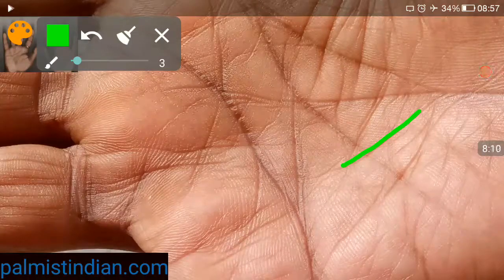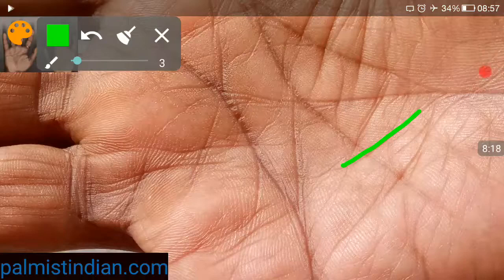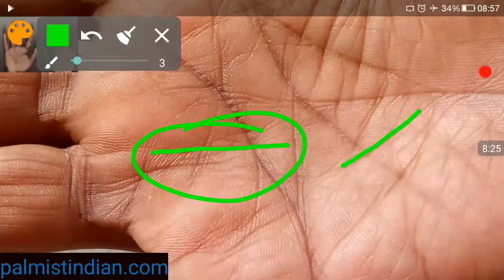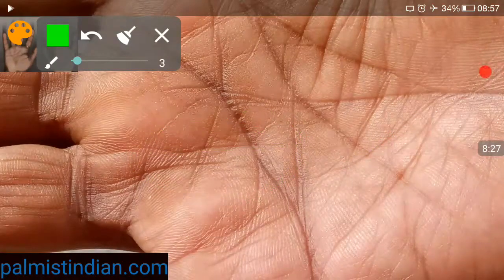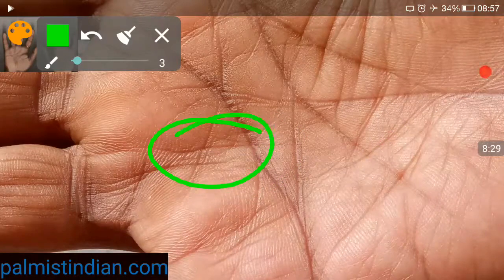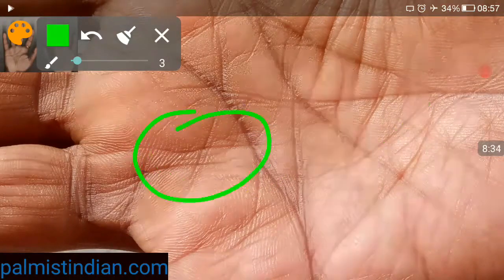due to his work. But what we see is another thing, that a new line is developing, and this new line is this particular line, and this line has got the maximum amount of strength. It is deep and clear. You can make out this line is better than this particular line, because there's much more strength in this line.